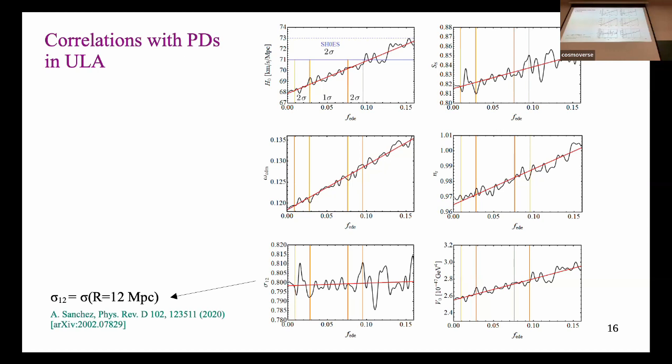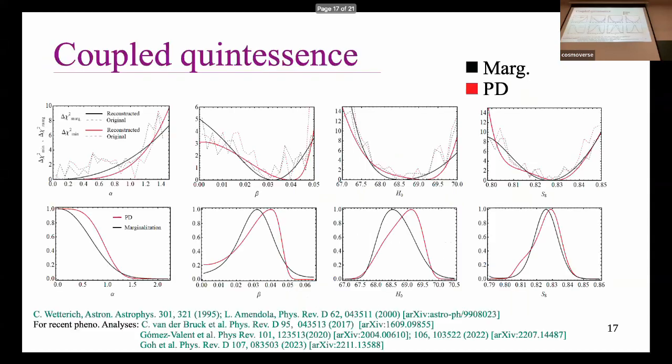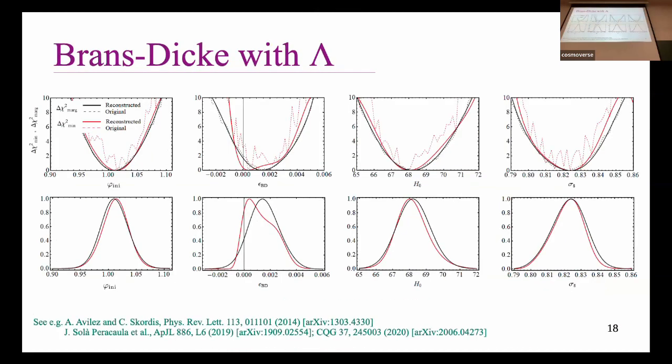Okay. So I don't see any worsening of the large scale structure tension in the context of EDE. Okay, I will not analyze what happens in coupled quintessence, but basically I do not obtain important shifts in the coupling strength or the other parameter. Also in Brans-Dicke, things seem to be stable.